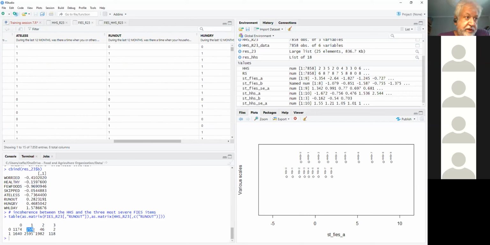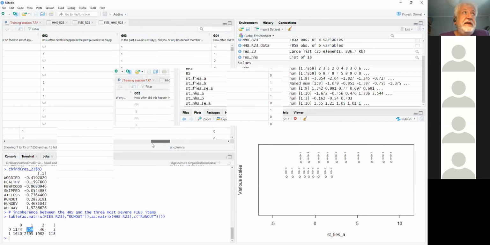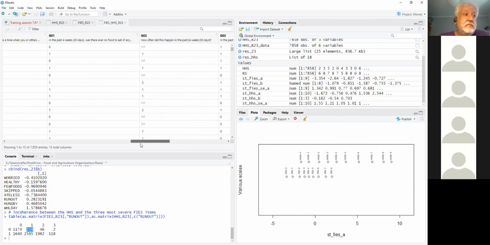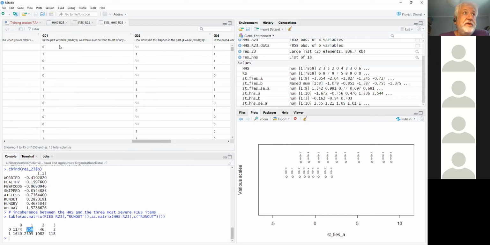259 people who said no to this question, but they said yes to the question, in the past 4 weeks, was there ever no food to eat of any kind in your house because of lack of resources to get food?